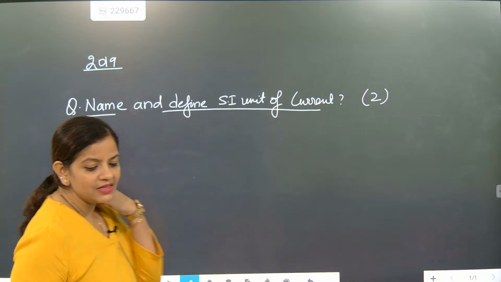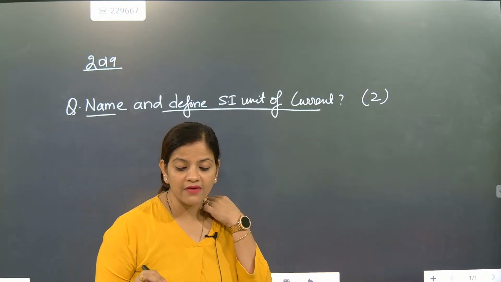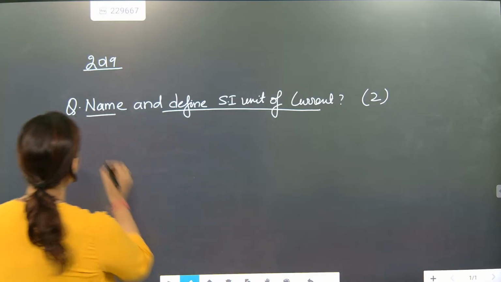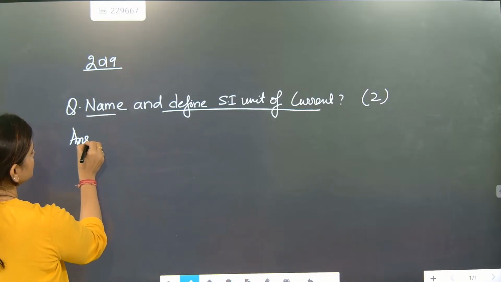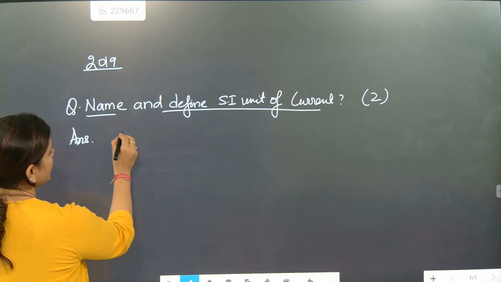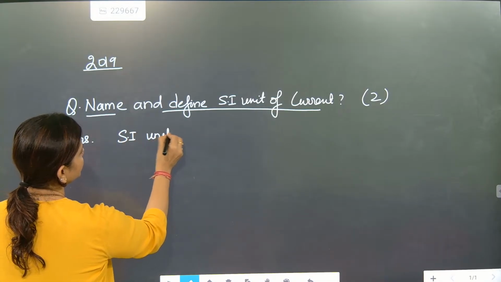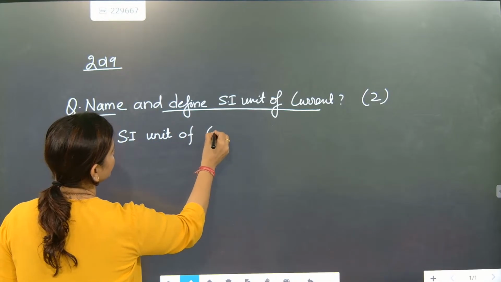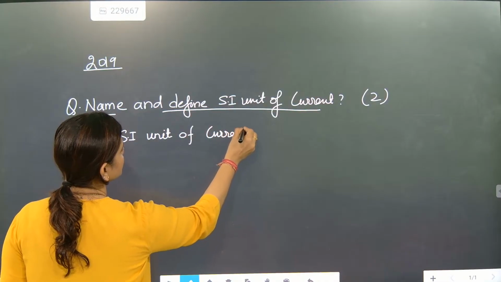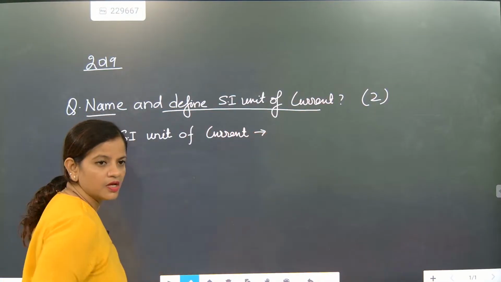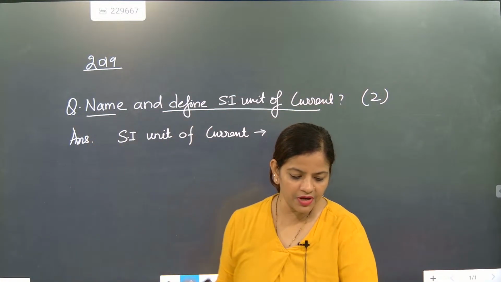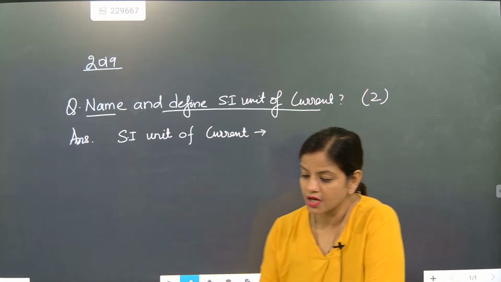So I will write in the same format in which they have asked me the question. The answer will be: SI unit of current, and then we will write ampere. Presentation counts a lot. Understood?